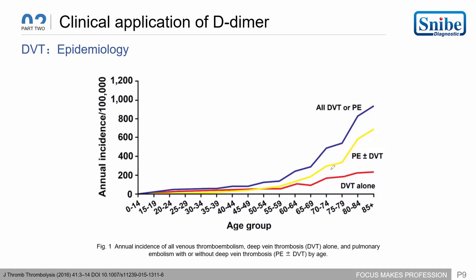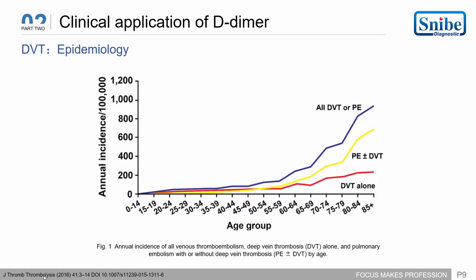Along with that, pulmonary embolism with and without deep vein thrombosis also increases drastically after the age of 60. This is usually the cutoff. DVT alone also increases. So age is also a major epidemiological factor for the incidence per 100,000 globally.